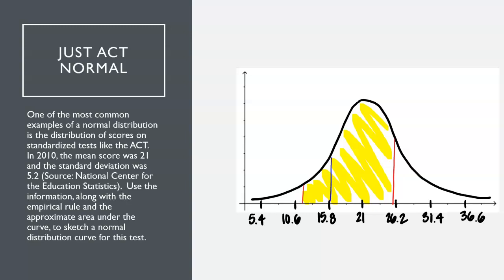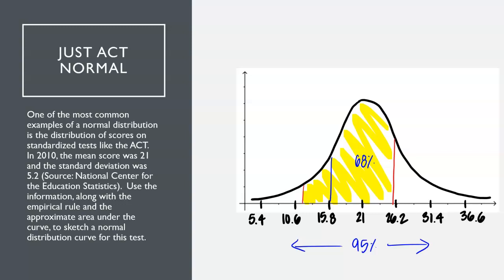Using the empirical rule, what I would probably do is state that between one standard deviation above and below would be about 68%. This is close to two standard deviations below the mean. If I know that two standard deviations above and below the mean would be 95%, 95% minus 68 would be 27.